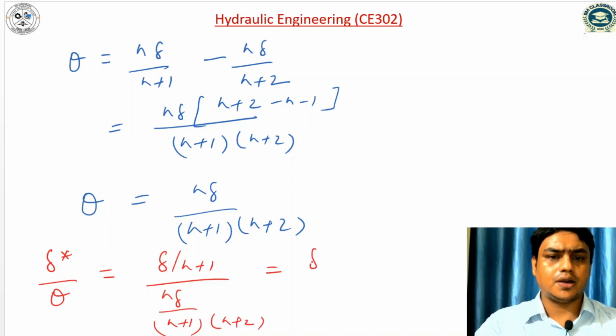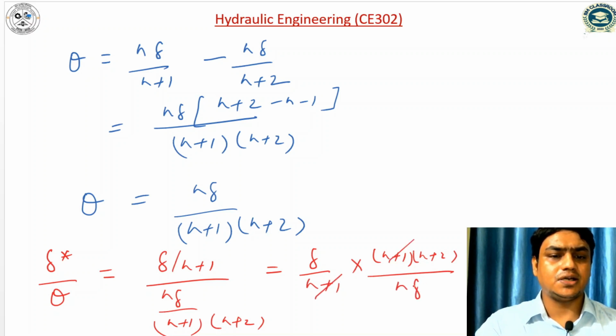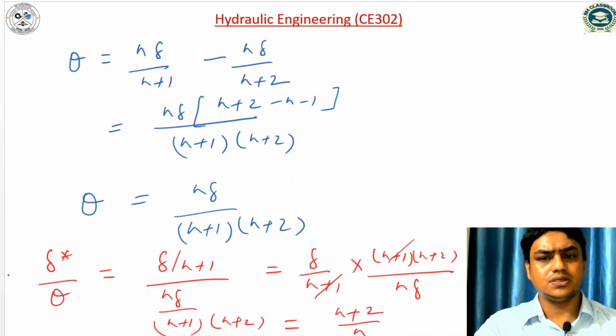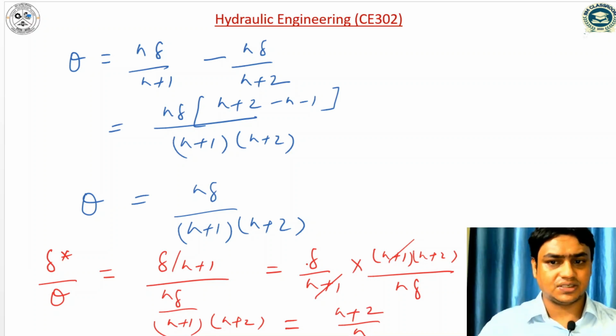So we can write delta by n plus 1 into n plus 1 into n plus 2 divided by n delta. So n plus 1 cancels, delta cancels. So it is coming n plus 2 by n is the ratio of displacement thickness to momentum thickness.